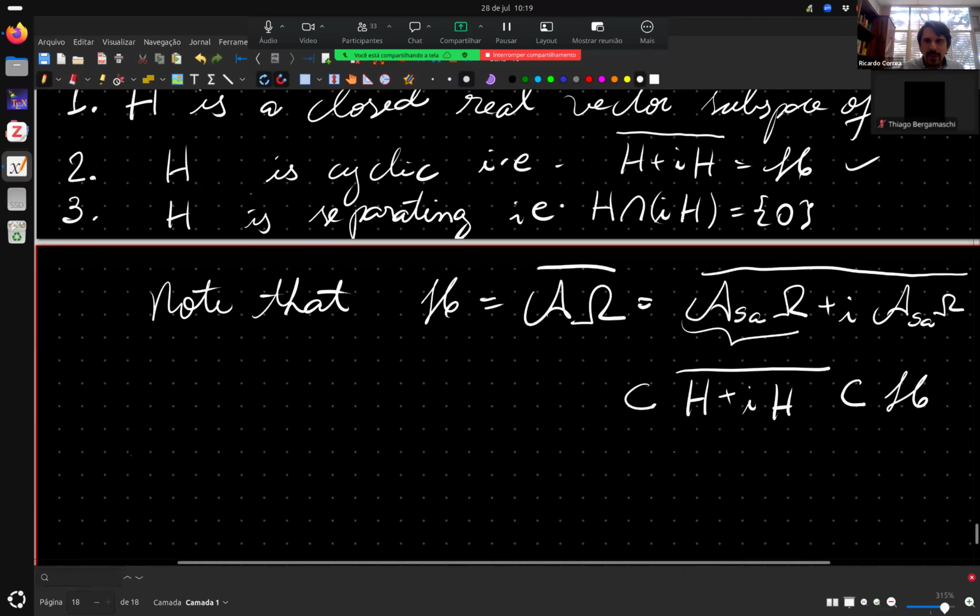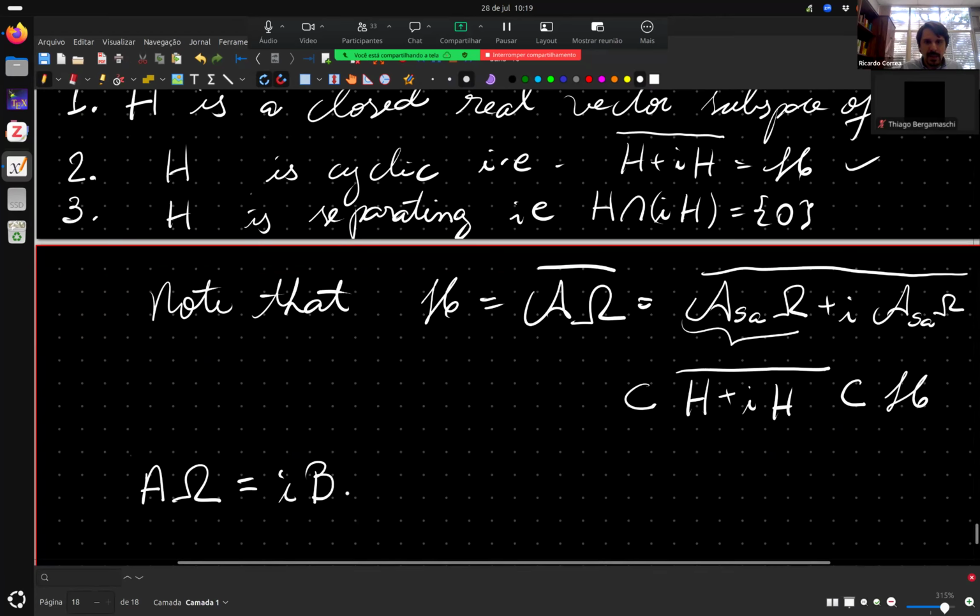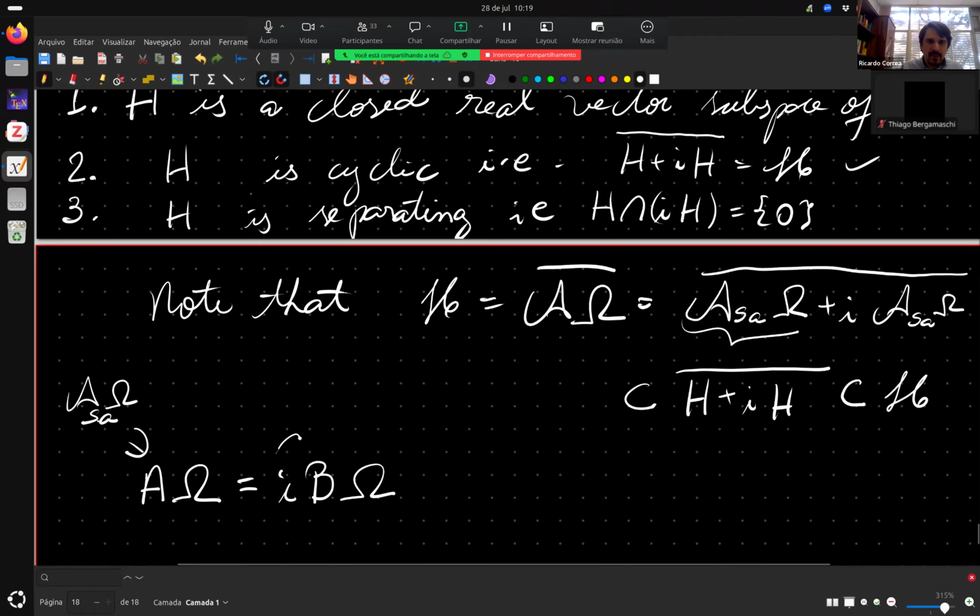Okay, so if you don't take the closure, cyclicity would be obvious, right? So you have A omega would be equal to iB omega. Yeah, so meaning this thing here lives in the algebra of self-adjoint operators acting on omega, and this thing here should be something that lives in i times some self-adjoint one.